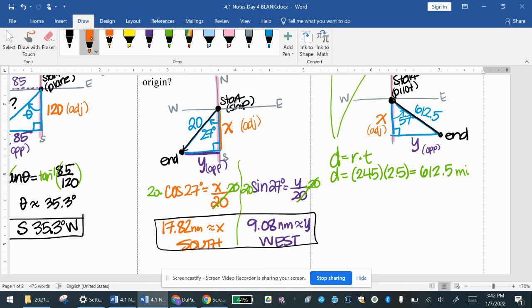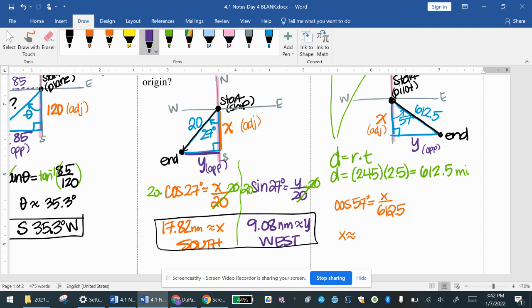Let's take a look at just x. If we're looking at just x, we want to use adjacent over hypotenuse, which is cosine. So cosine of 57 equals adjacent over hypotenuse. Multiply both sides by 612.5 and find your answer.